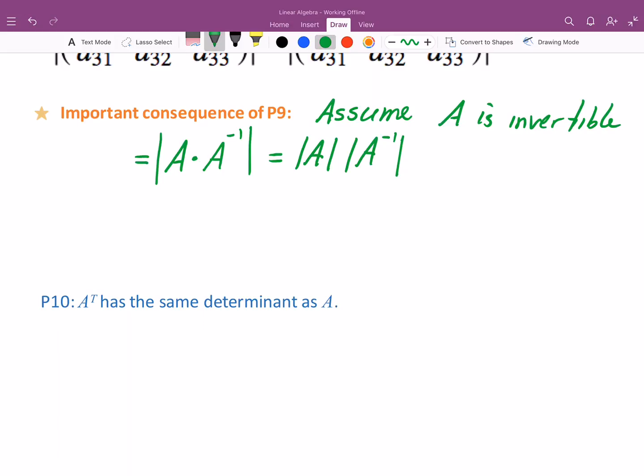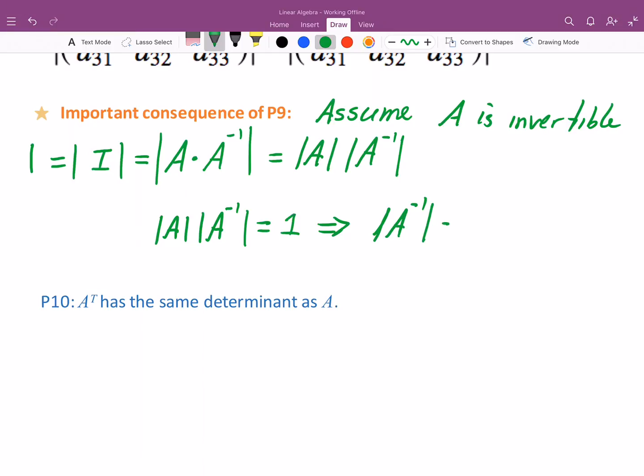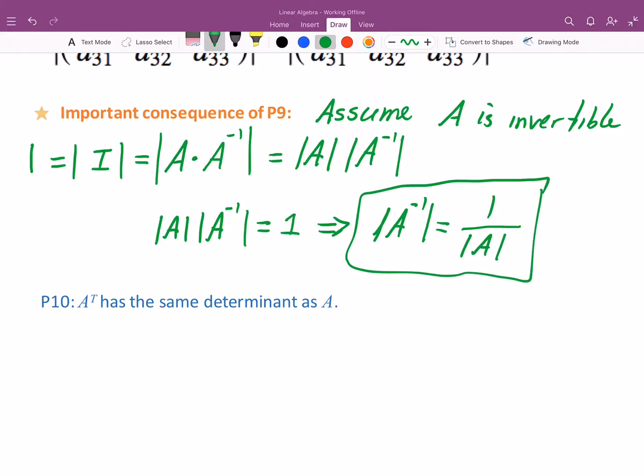But we know that A times A inverse is the identity, and the determinant of the identity is 1. So the determinant of A times the determinant of A inverse is 1. Therefore, the determinant of A inverse is just the reciprocal of the determinant of A. And that's a really cool result. So if we know the determinant of A, we automatically know the determinant of A inverse.